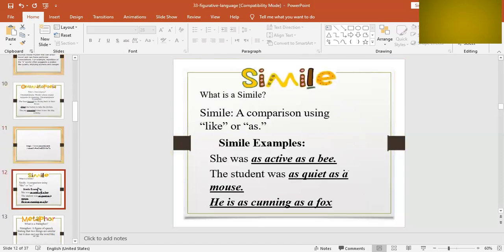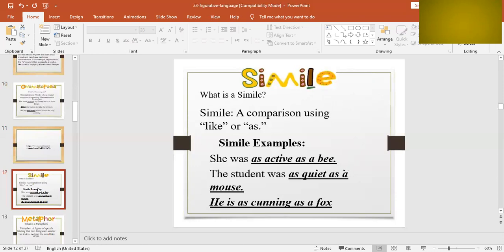Now, a third type is simile. What is simile? Simile is a type of comparison. You compare something to another, maybe two concrete objects, maybe two abstract objects, or an abstract object with a concrete object.